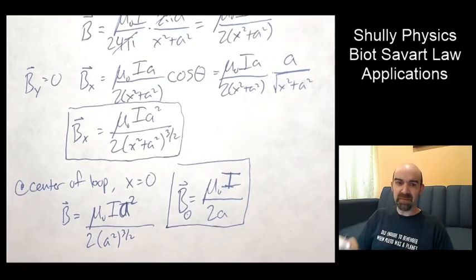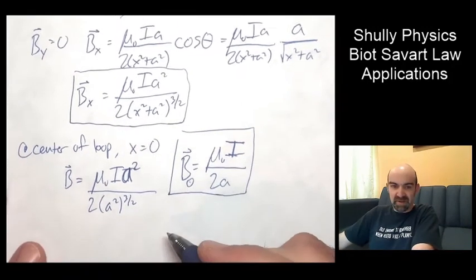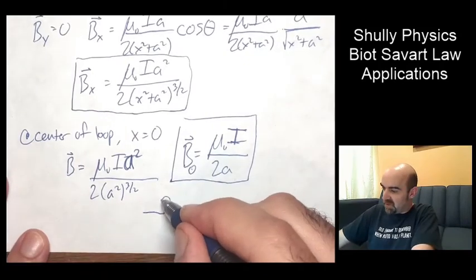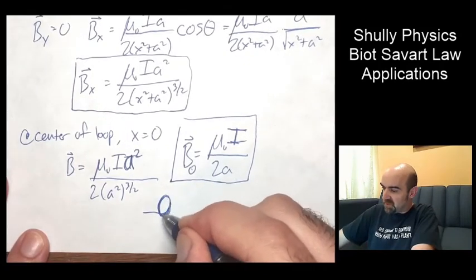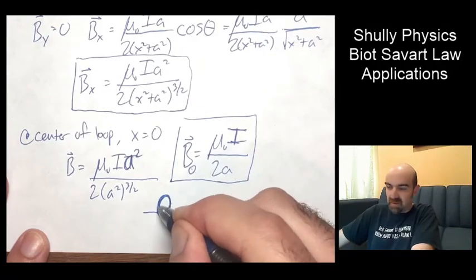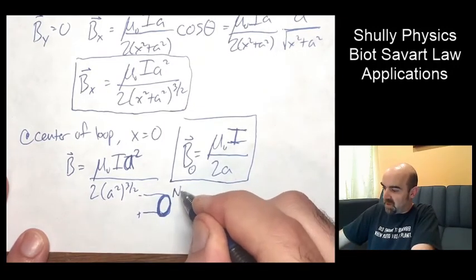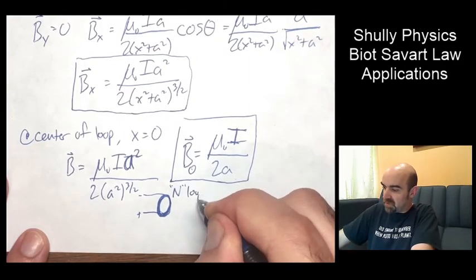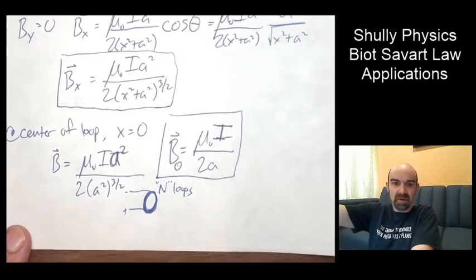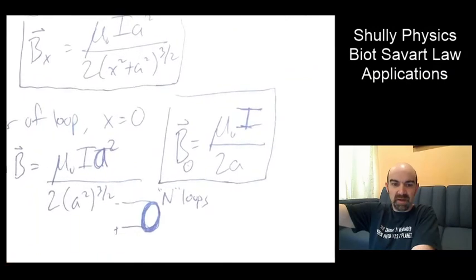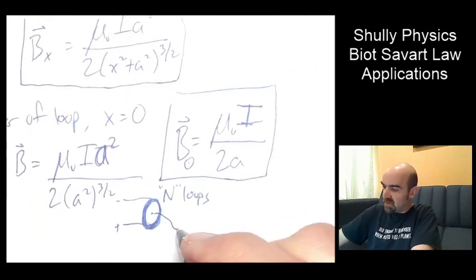So one last little application. What if I've got, say, a coil that has a bunch of loops in it? Let's say n number of loops. Then what would be the magnetic field at the center there?